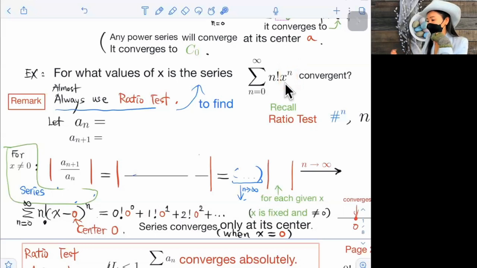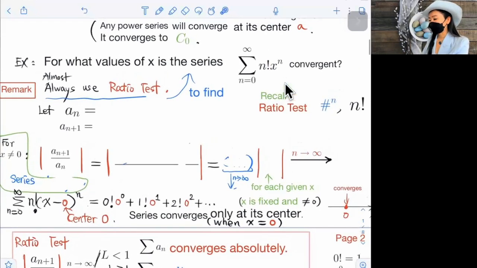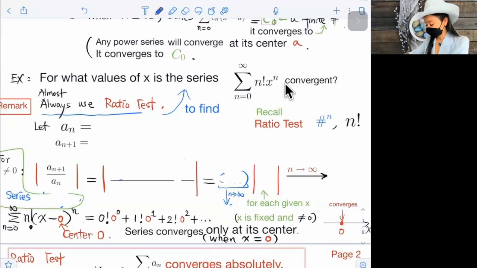What's the center of this power series? This is the same as x minus 0, to the n power. So the center in this case is 0.